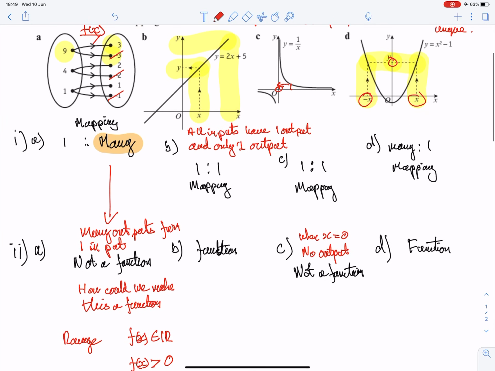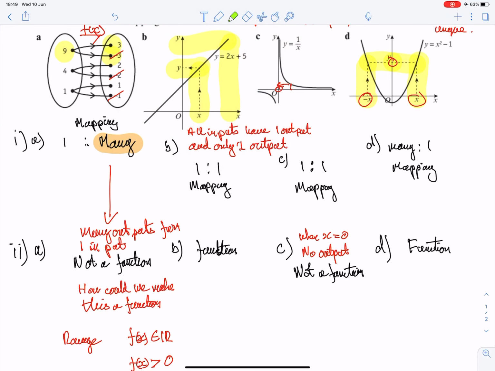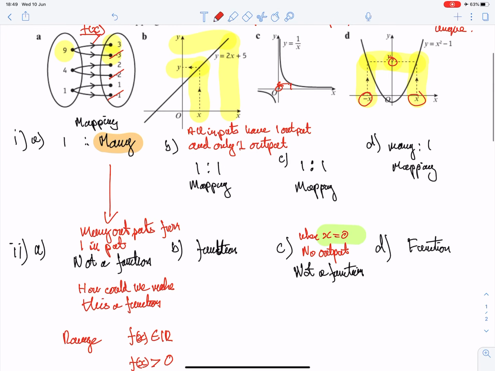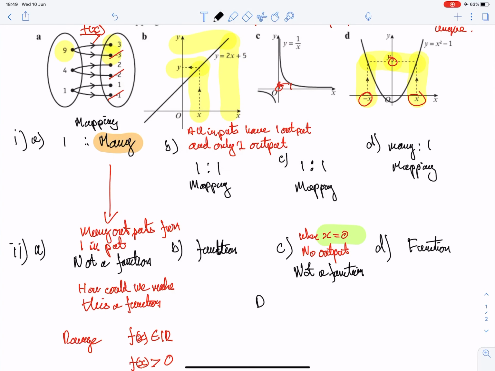Similarly, for part C, the problem here, we said earlier, was x equal to 0. So here we can change it into a function by restricting the domain, the input values: x is a member of the set of reals, and x does not equal 0.